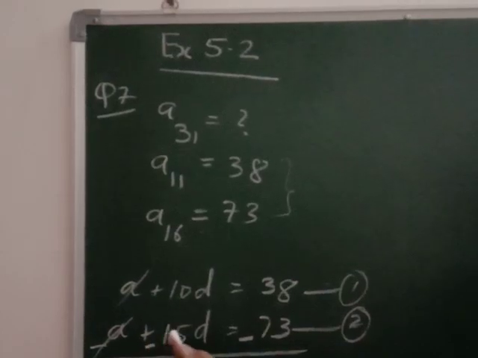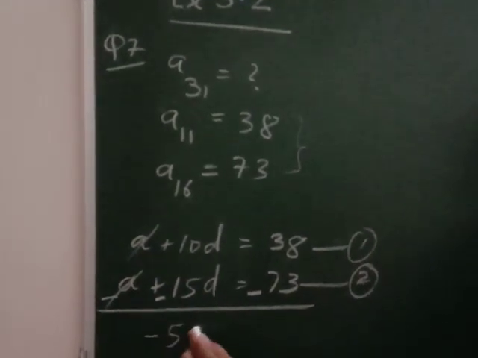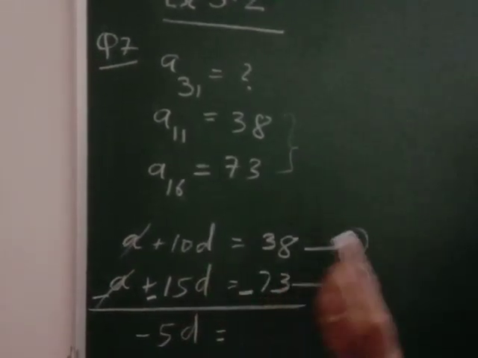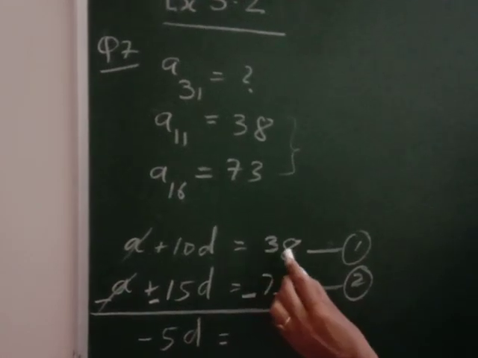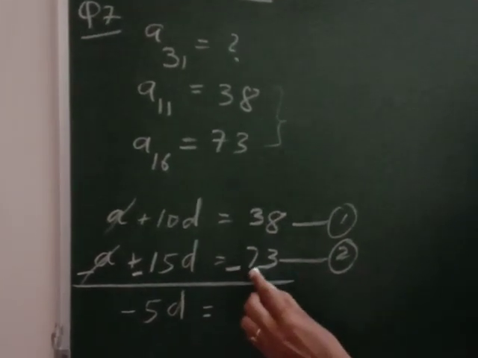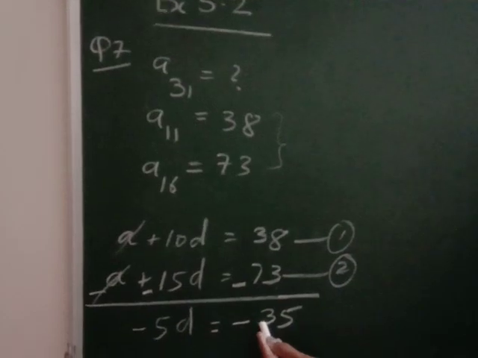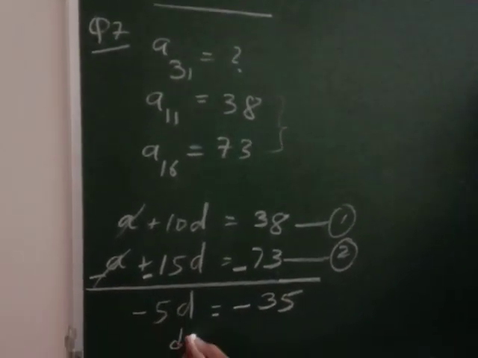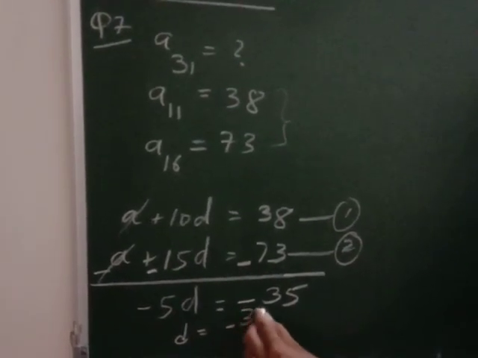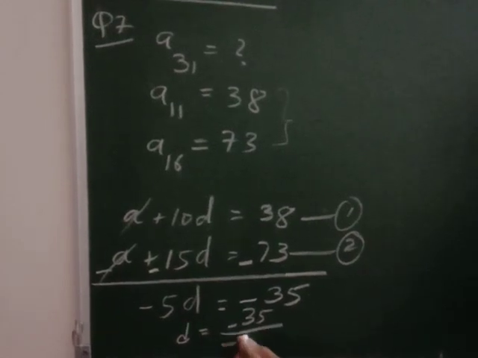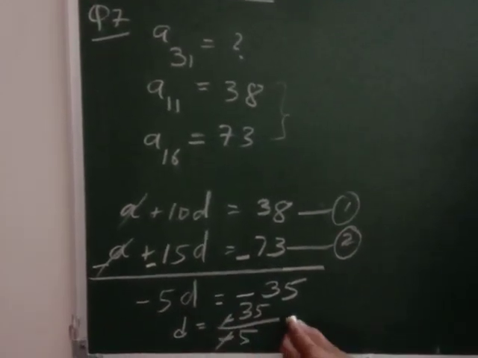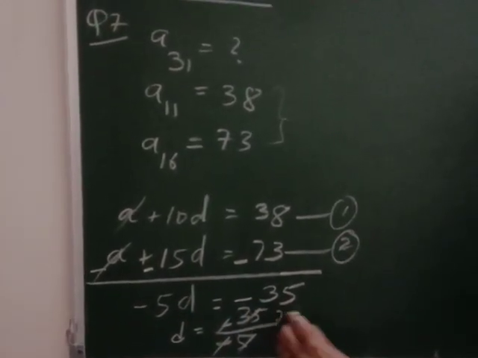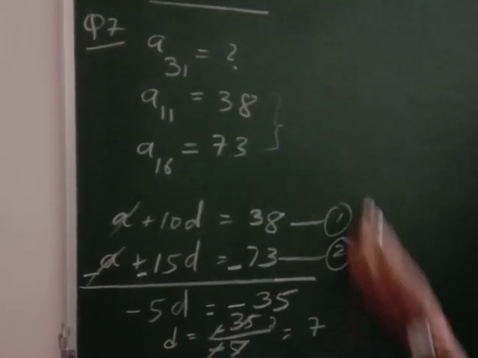Plus 10 minus 15 is minus 5D. Now 38 minus 73 is minus 35. Therefore, D is equal to minus 35 divided by minus 5. Minus minus cancel. 5 sevens are 35. So my D is 7.